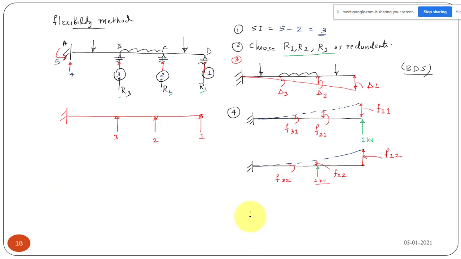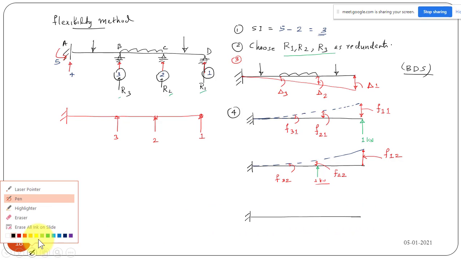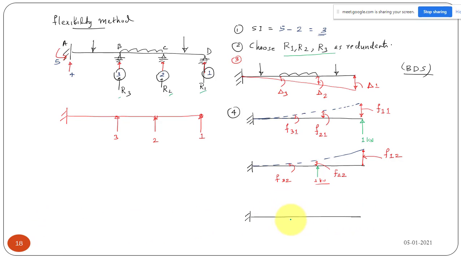You take your basic determinate structure, and now you apply your unit force at the coordinate 3, 1 kilonewton. So due to this load, it is going to deflect. We have a deflection. So now we can find what is the deflection at coordinate 1, deflection at coordinate 2, and deflection at the coordinate 3.